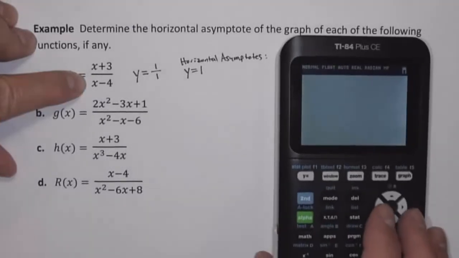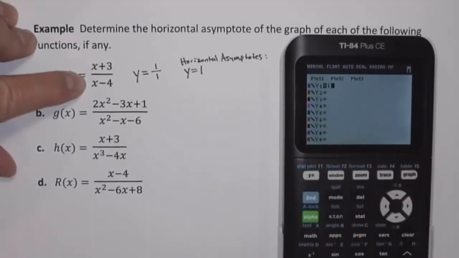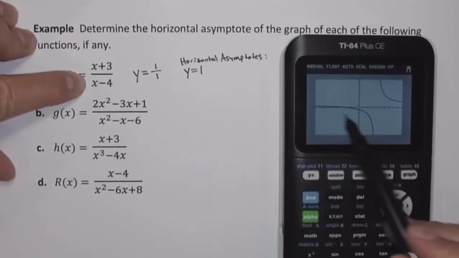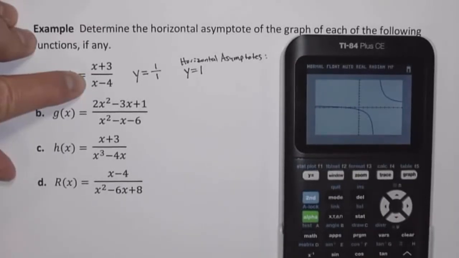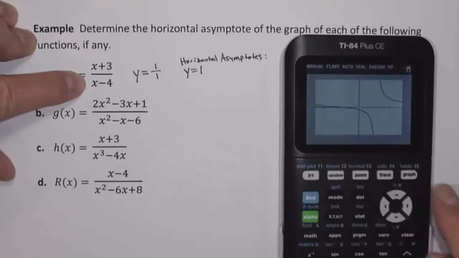Now if I pull in my calculator and take a look at this graph, so I'm going to put x plus 3 in parentheses divided by parentheses x minus 4, and if I look at the graph of this, we can kind of see that that line y equals 1 is the horizontal asymptote. In fact, let's draw that. Y equals 1. So there is the line y equals 1.